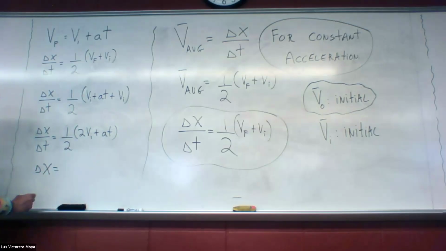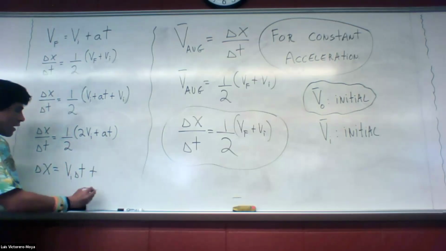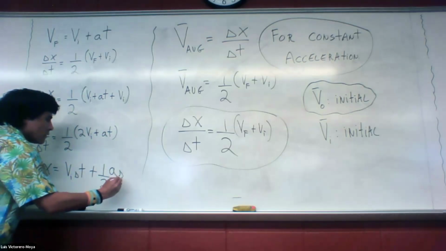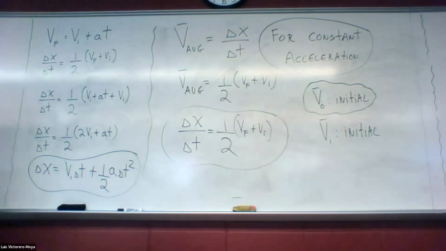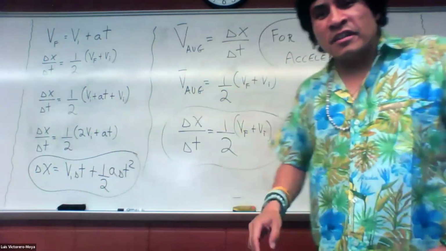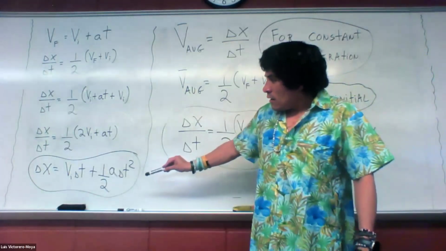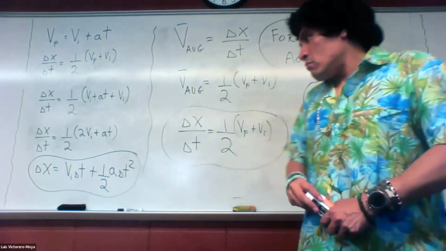Delta x is 2 divided by 2, 1, v initial delta t plus one half acceleration times delta t squared. There you have it. Another equation. It's nice when you can prove these things instead of just writing them down. So I just showed you how to get the equation for position or displacement.